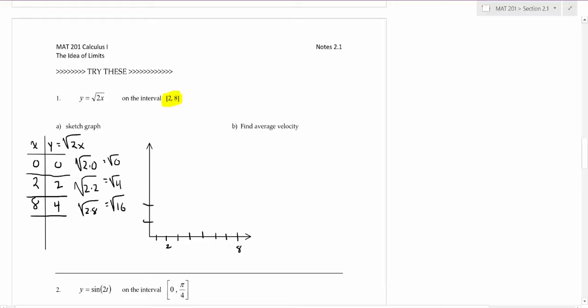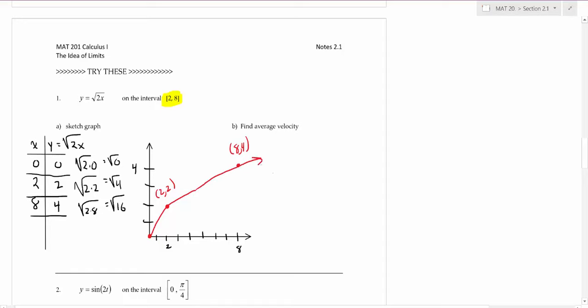So I'm going to go 1, 2, 3, 4 to get all the points put there. So I've got a point 0, 0. I've got a point 2, 2. And I'm going to label that. Then finally I've got a point 8, 4, which I'll label like that also. Then I'll sketch in the curve of that square root function like that.